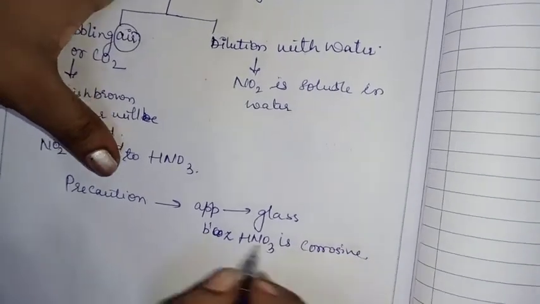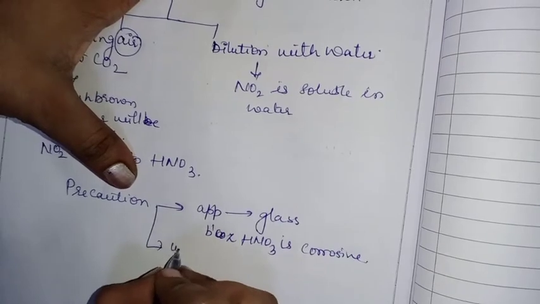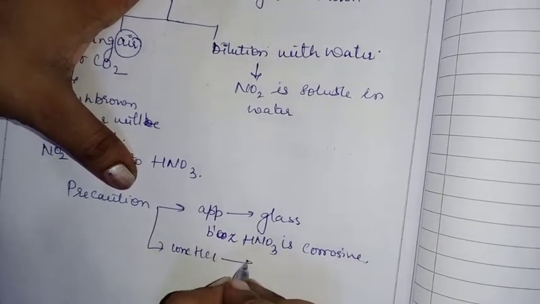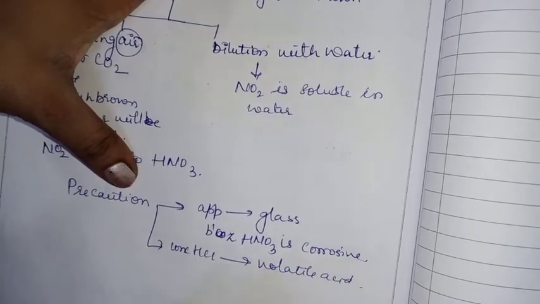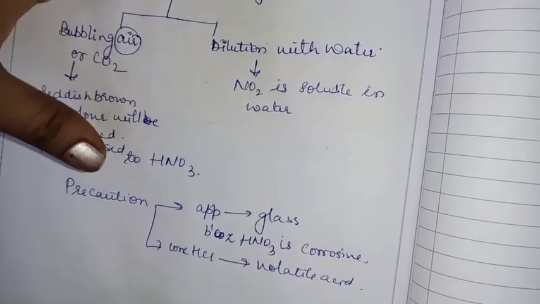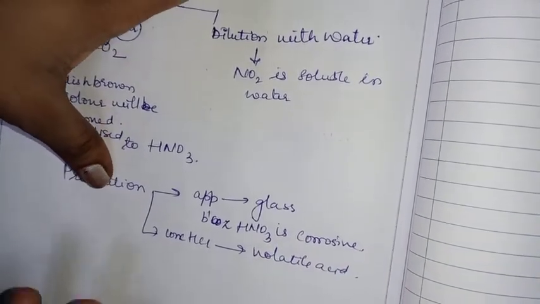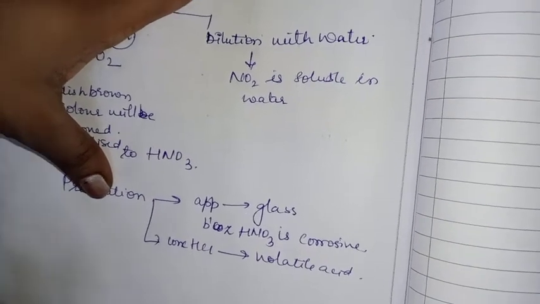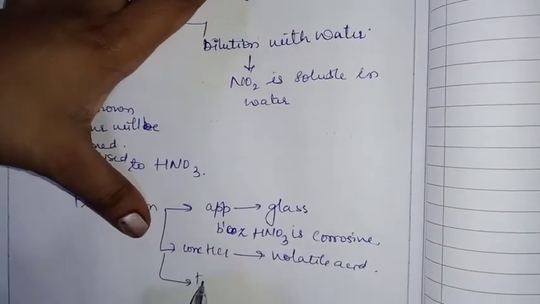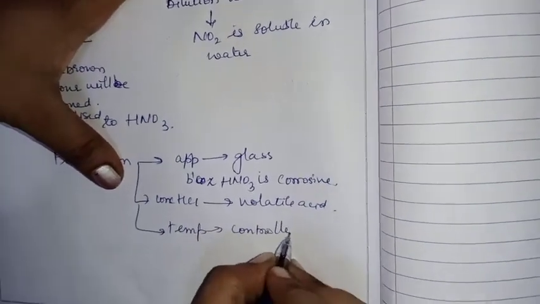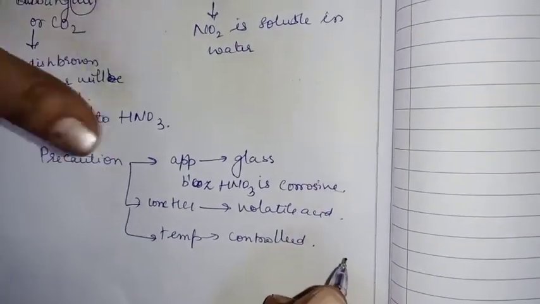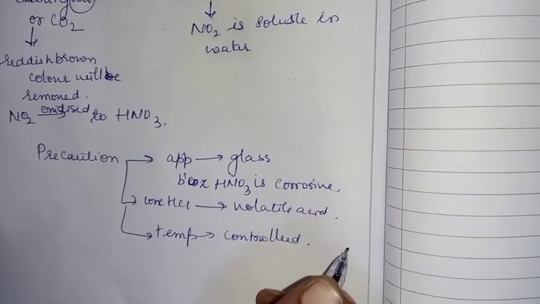Then we cannot use concentrated HCl because it is a volatile acid, so its vapors will also rise along with the vapors of nitric acid. Another precaution is that the reaction temperature should be controlled. If the temperature rises above 200 degrees Celsius, again there will be a problem, children.